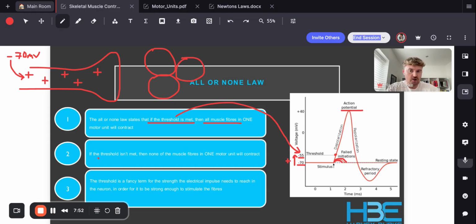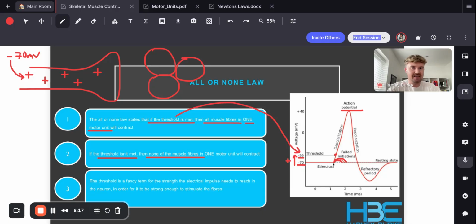Whereas if the threshold isn't met, then none of those muscle fibers in that one motor unit will contract. So none of those 3 fibers will contract. So that's what the all or none law is saying. If the threshold is met, all of the muscle fibers in that one motor unit will contract. But if the threshold isn't met, none of them will.